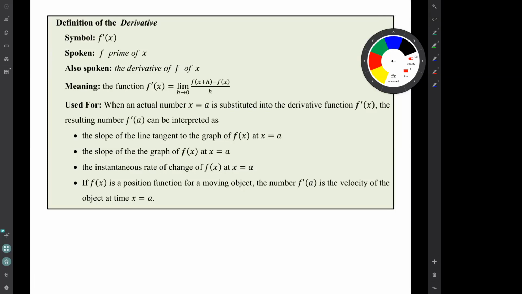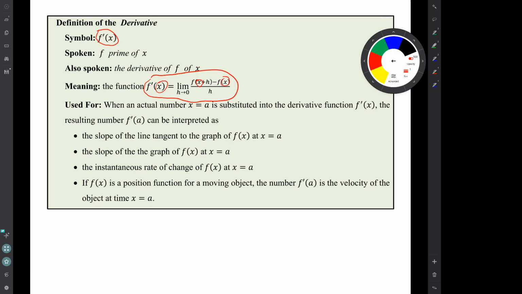We have this symbol. It's spoken f prime of x, also spoken the derivative of f of x. And what it means is this function. That is, you have that messy limit expression, and instead of an actual number a in there, you have a variable x.